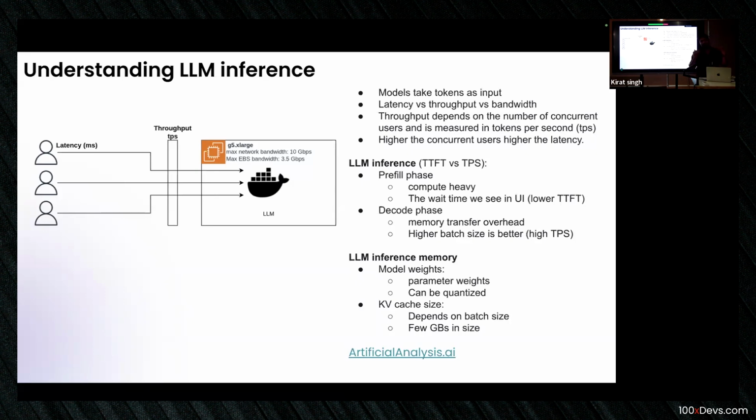So you have to now decide how much parallelization you can do based on how much memory you have and all that, right? And that's why the KV cache depends on the batch size, and it's also GBs in size. So you already have like 24, 32 GB available, or 40 or 80 if you're using cloud instances. And then in that, you have to manage your model size also and KV cache also. Okay, guys, clear? Any questions?